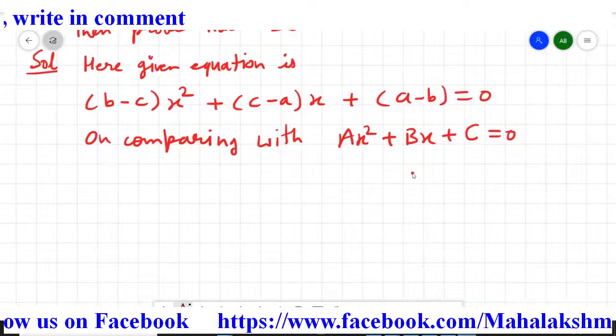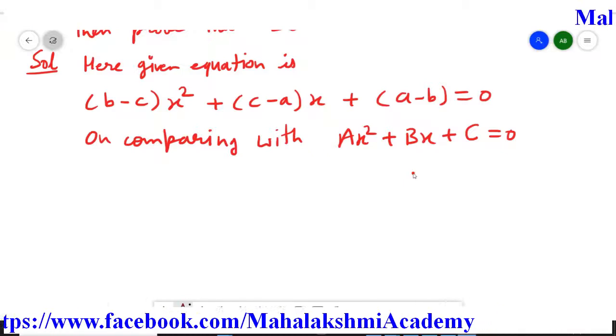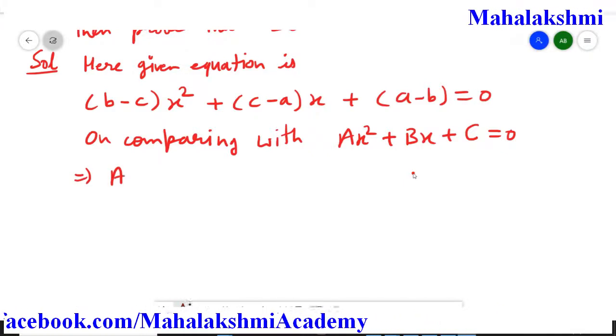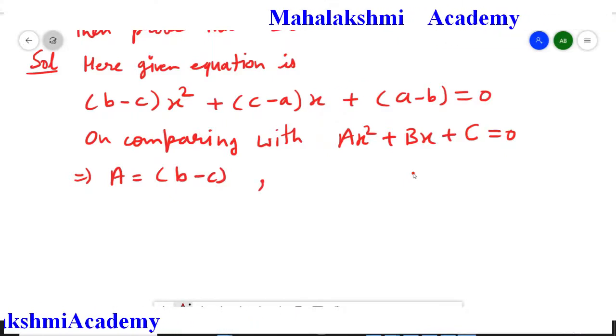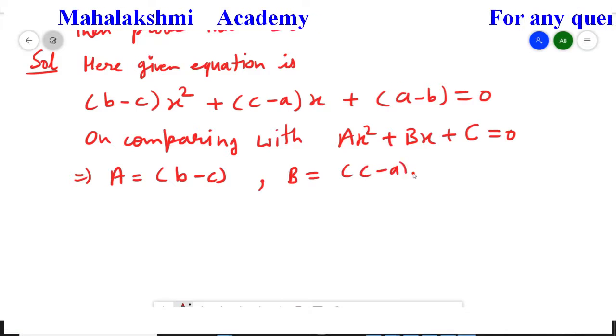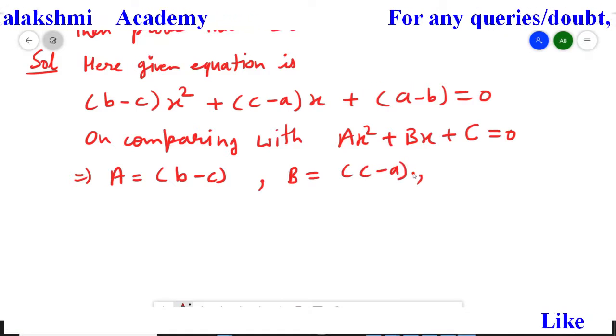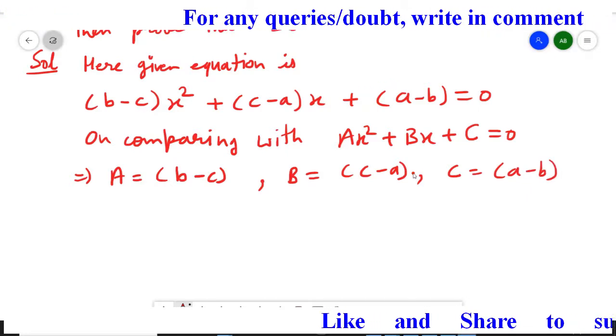So we compare and write down the values of all these coefficients and the constant. Capital A is equal to (b minus c), capital B is equal to (c minus a), and in the same way, capital C is equal to a minus b.